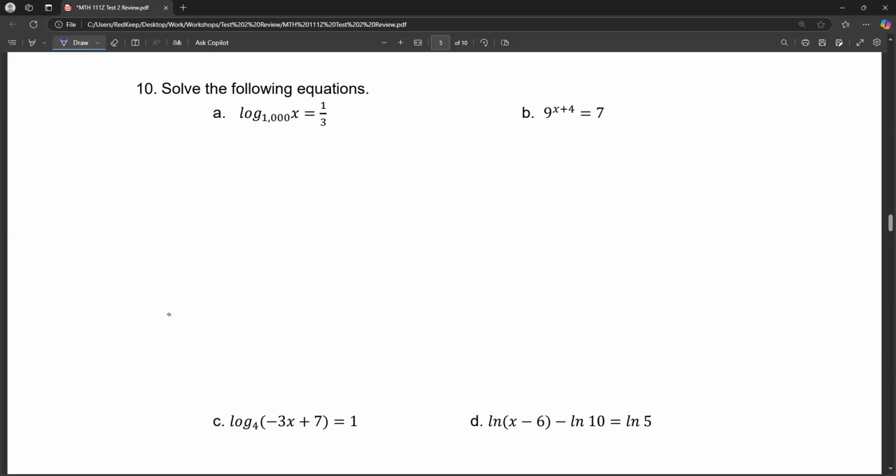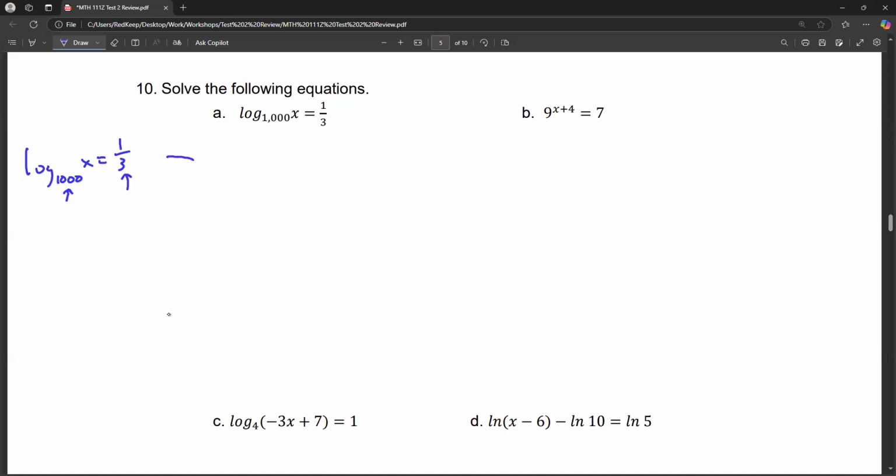What I mean by that is that in part A, we have log base 1000 of x is equal to 1 over 3. We could just take a second and think about what the logarithm is indicating to us. Basically it's saying we're taking 1000 and raising it to the output here.